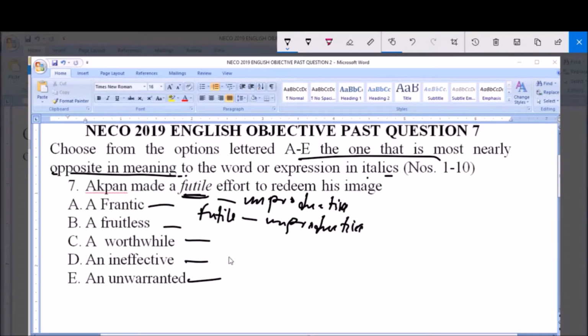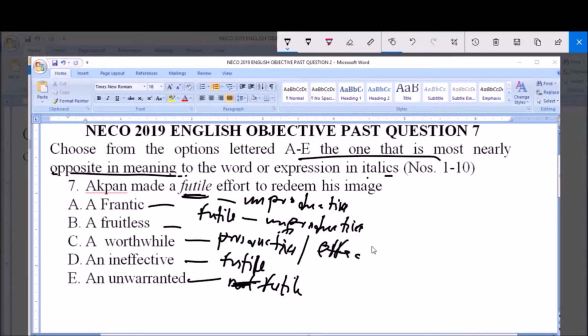Then ineffective is also known as futile. Then unwarranted is also known as futile. But worthwhile means something that is productive. It also means something that is effective in nature. So option C is the opposite to this particular word. So option C is correct.